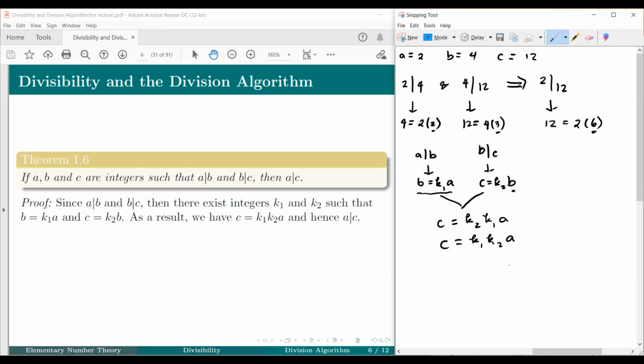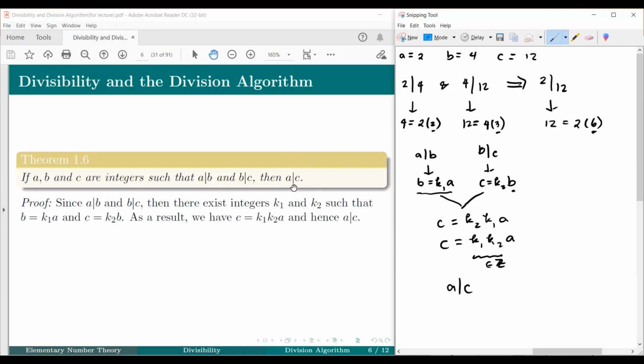Since the product of two integers is an integer, therefore we can say that a divides c. Follow? This is by the definition, because we have written c as the product of two integers, which is an integer, times a. So we can write a divides c. So we're done.